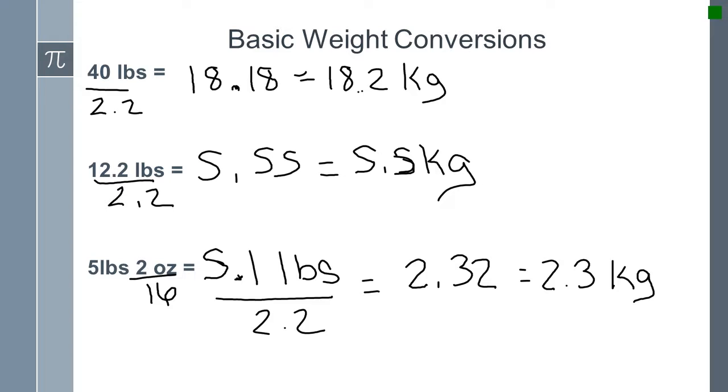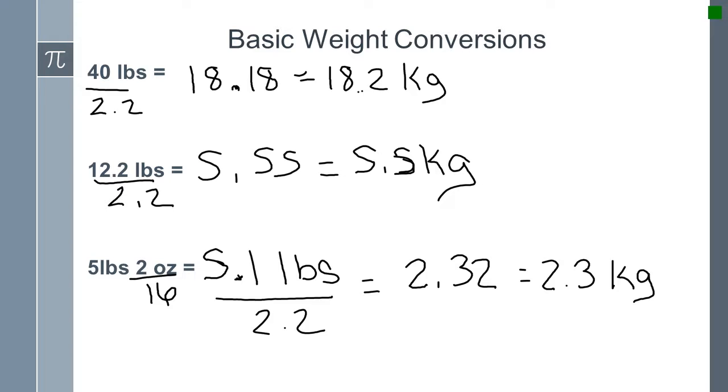5.545454. So again, depending on what you're rounding, if I round it to the 100th place, I'm going to have 5.55. Or if I'm going to round it to the 10th place, then I would just have 5.5.